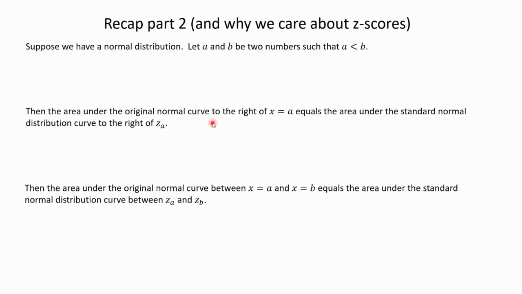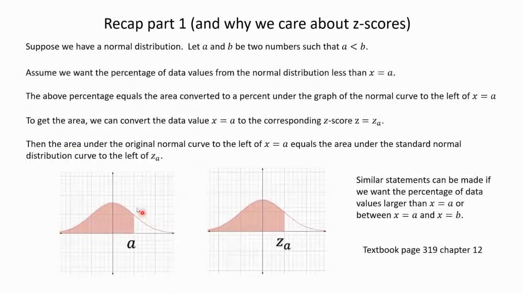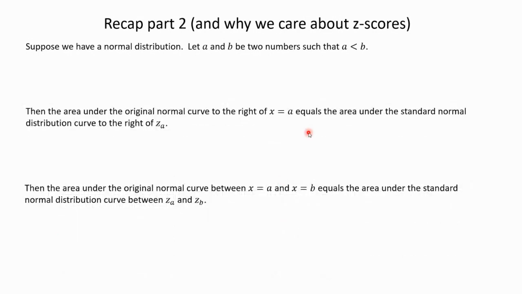The area under the original normal curve to the right of A is equal to the area under the standard normal distribution curve to the right of z sub A. So again, if you wanted the percentage of data values bigger than A, you want this area to the right of A under the curve, and that area is equal to the area to the right of the standard z-score under the standard normal distribution curve.